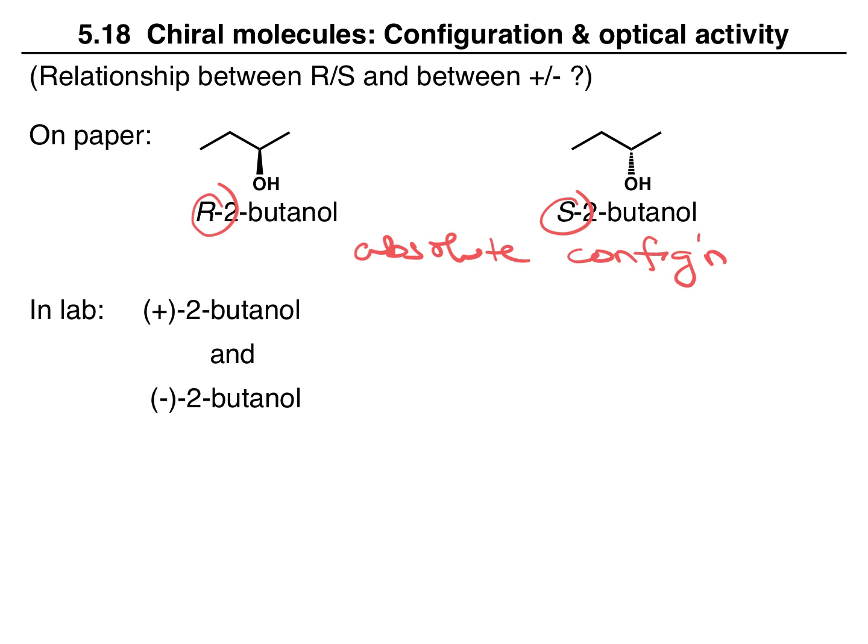If it's the very first time a compound has been synthesized, figuring out whether it rotates plus or minus, well, that can be done with the polarimeter. But figuring out the one that's plus, whether that's R or S, that actually takes a lot of effort.